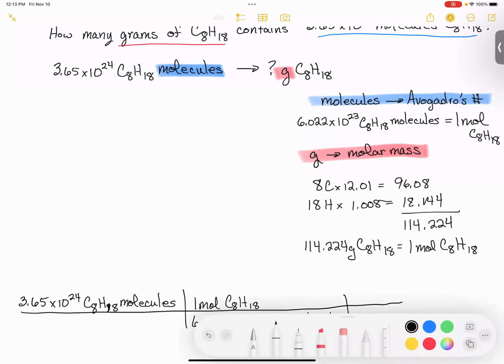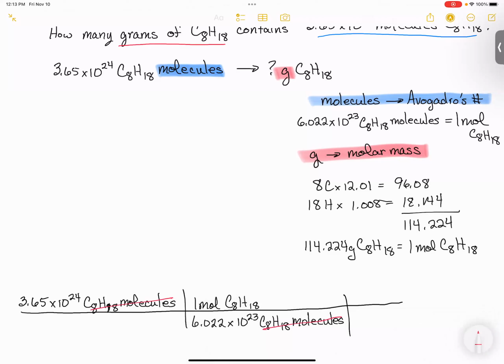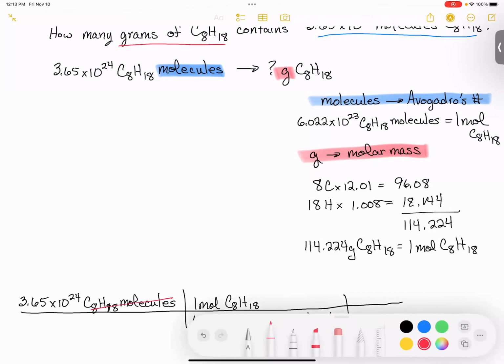The molecules were placed in the denominator so that the unit and the substance would cancel, leaving me moles of C8H18.